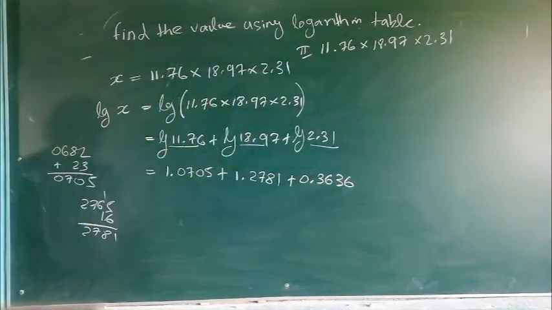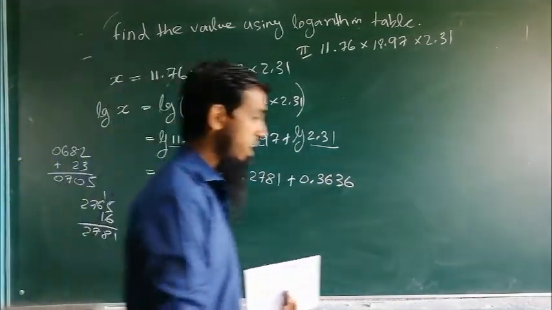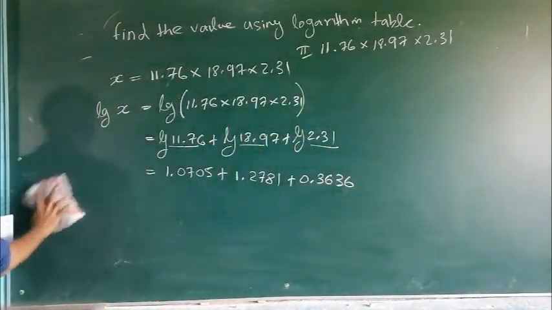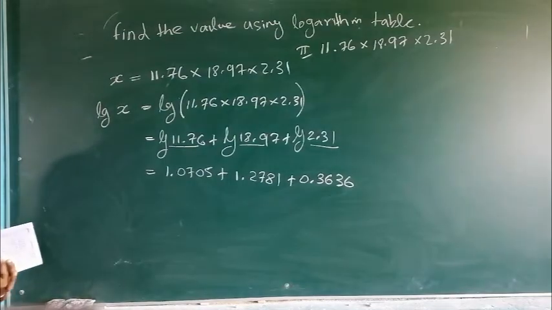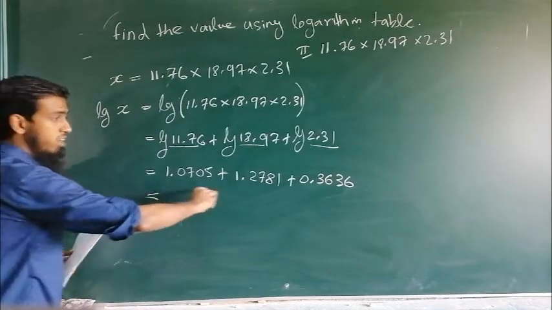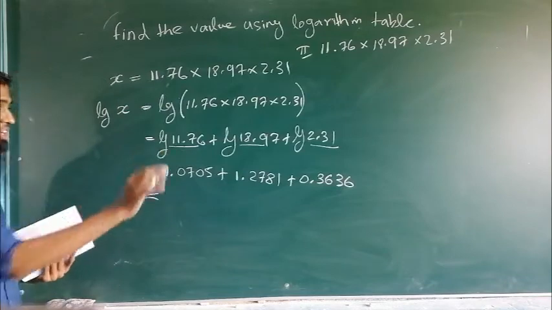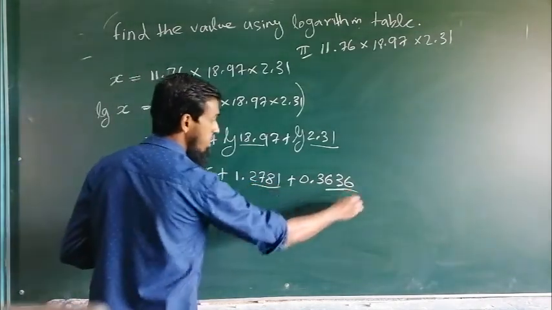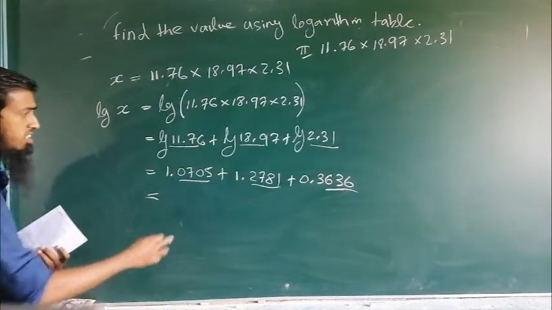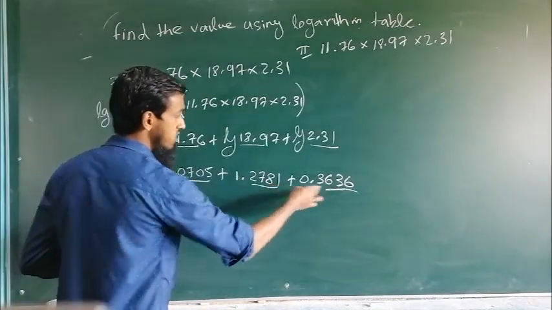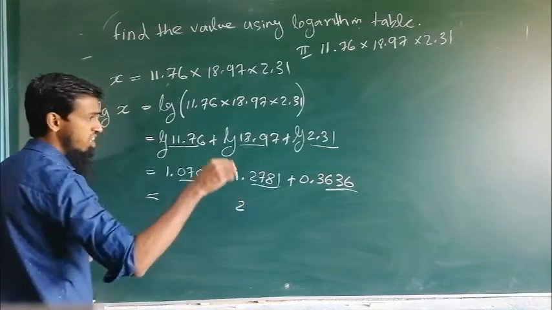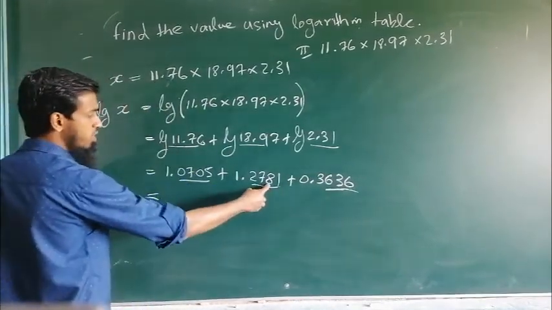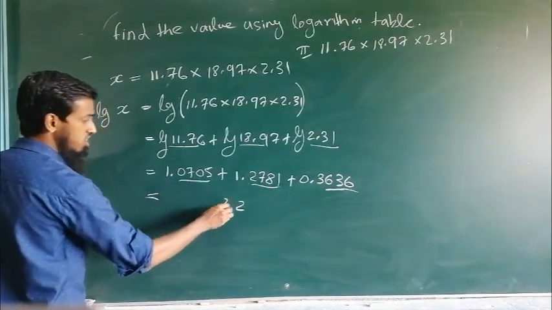Okay, we are done finding the logarithms. Altogether we have additions, so we need to add all three values. All three values have 4 digits after the decimal place, so it is easy. So 5 plus 1, 6, 6 plus 6 is 12. So 1 remaining, 1 plus 3, 4, 4 plus 8, 12, 12 plus 0, still 12.